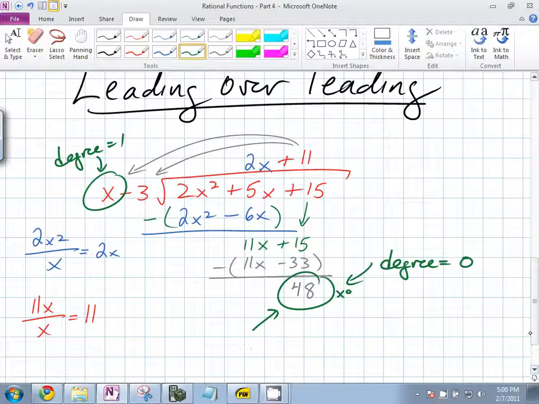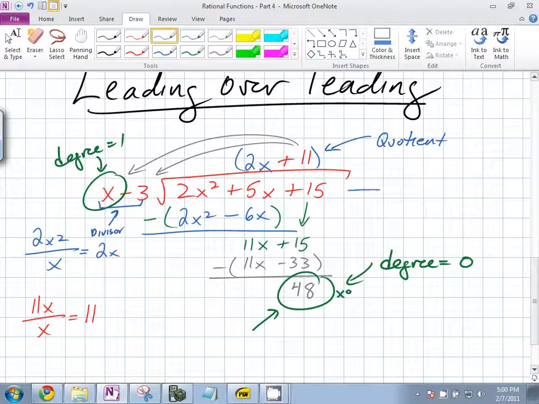So in this case, that right there, 2x plus 11, that is the quotient. X minus 3 is the divisor. 2x squared plus 5x plus 15 is called the dividend. And in this case, the remainder is 48.